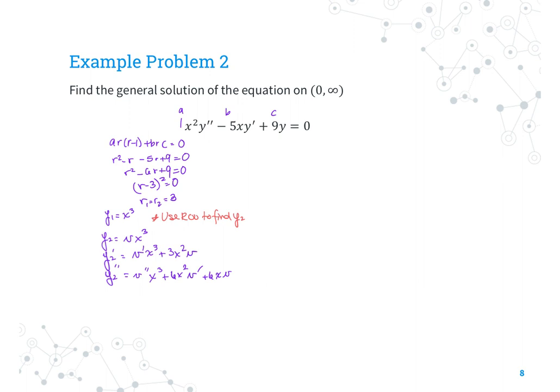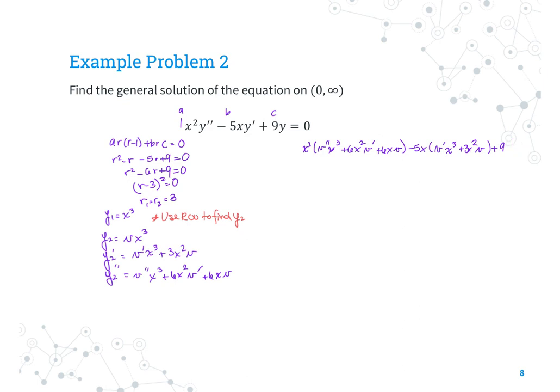So if we plug it into our equation, we end up with x squared times v double prime x cubed plus 6x squared v prime plus 6xv, minus 5x times the quantity v prime x cubed plus 3x squared v, plus 9 times y, which is v x cubed, and it all equals 0. Oh, I forgot my v. Sorry about that.